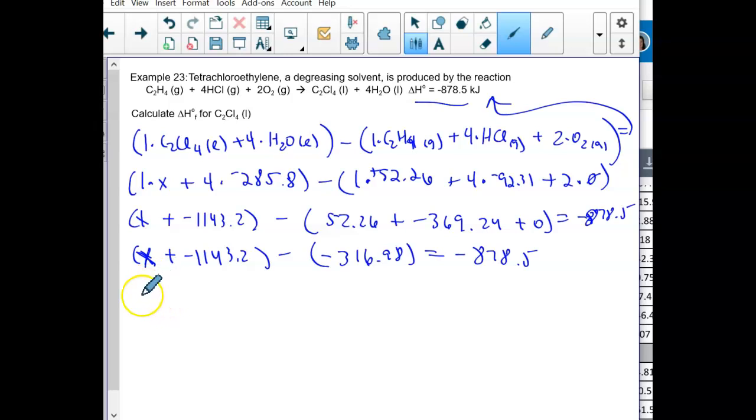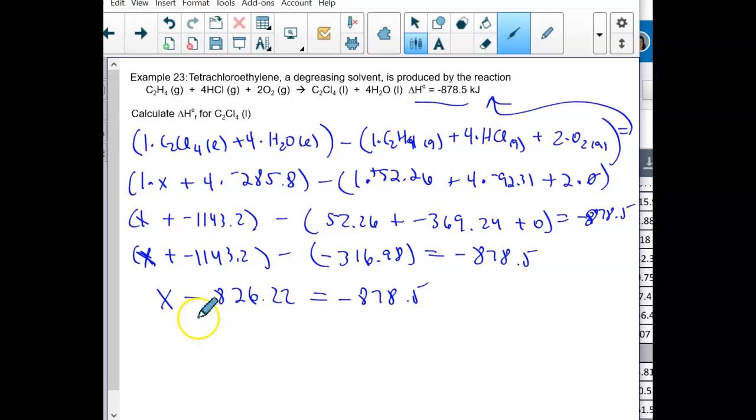Okay, so then this is going to be X. And if I take negative 1143.2 minus negative 316.98, I get negative 826.22 equals negative 878.5.